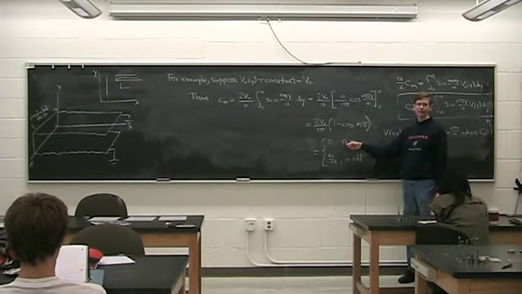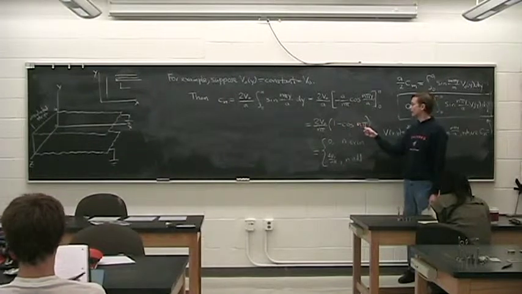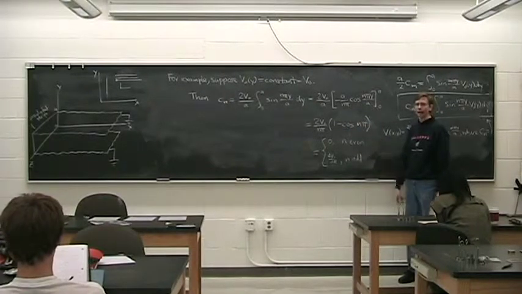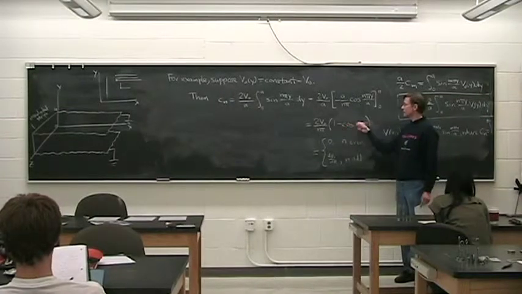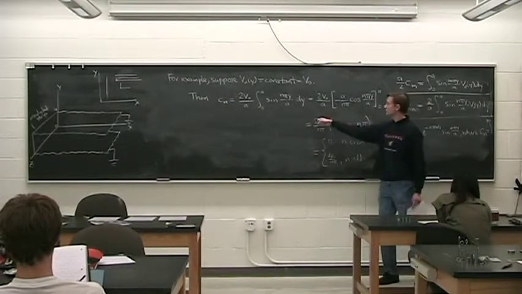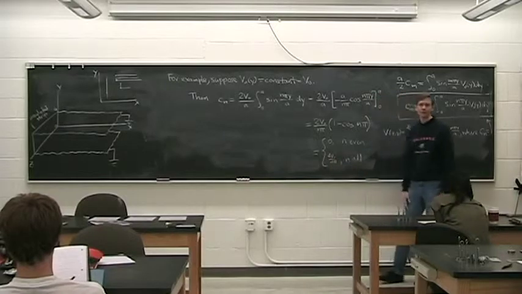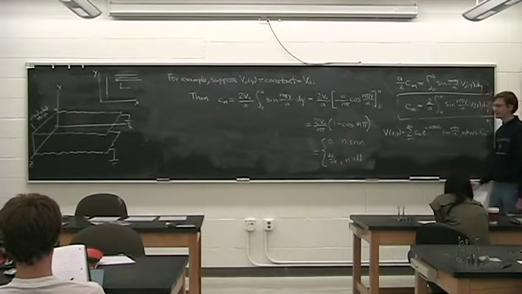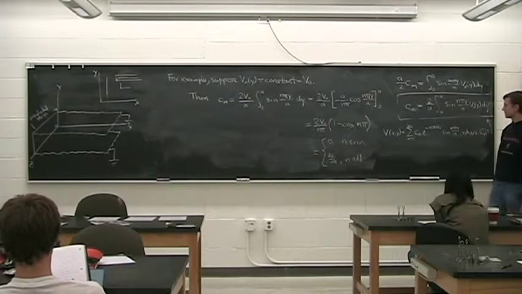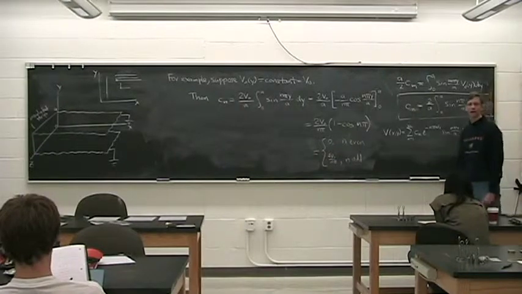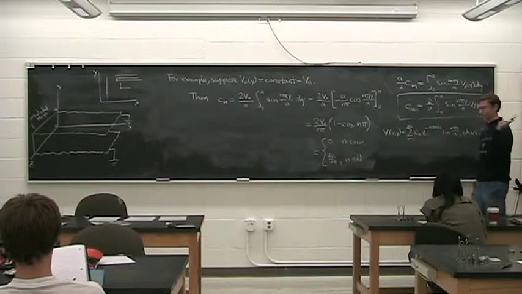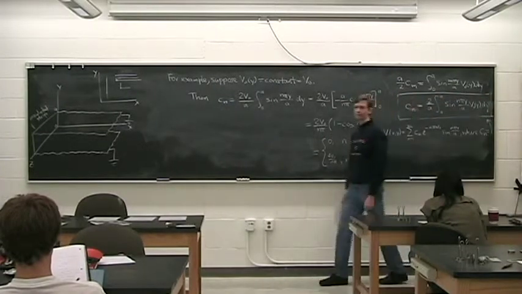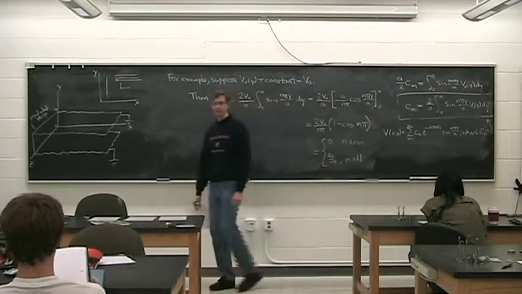When n is odd, the cosine of an odd integer times pi is minus 1, so you get 1 minus minus 1 is 2, times 2 is 4 v naught over n pi. So it's better to write 0 for all the even terms, 4 v naught over n pi for all the odd terms. And so then you can put that in for your infinite series.